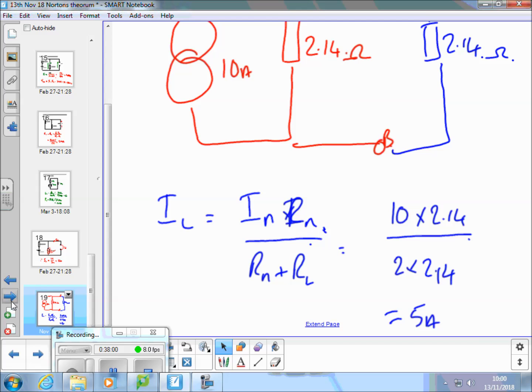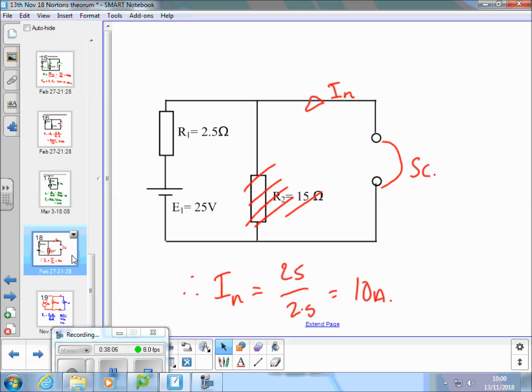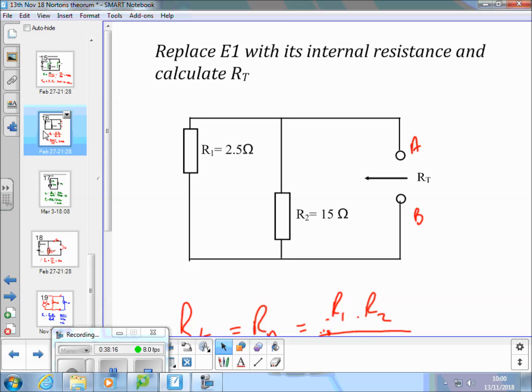It's exactly the same method for the Norton's as for the Thevenin's, because you're calculating with that resistor back. You're still only calculating looking back in with the voltage source replaced by its internal resistance, so it's the same calculation.